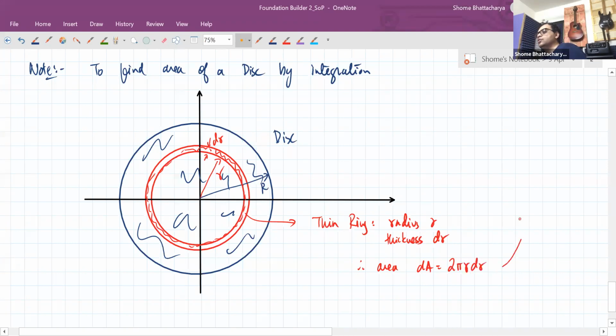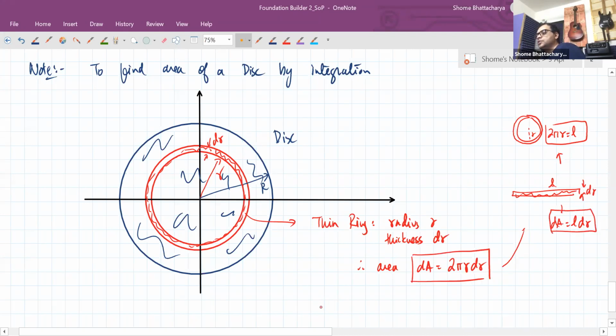So again, this is that concept that you're taking a rod of length L and thickness dr, and we are bending it into a circular ring. So 2 pi r is equal to the length of the rod. So the area of this rod will be length into thickness. But it's a small area because the thickness is small, so we are writing it like this. So that's how we get this, that the area of the ring is so much.